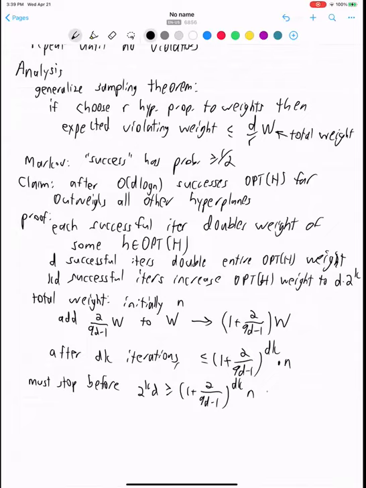And this is approximately n times e to the kd over 9d minus 1, which is about n times e to the k over 9.